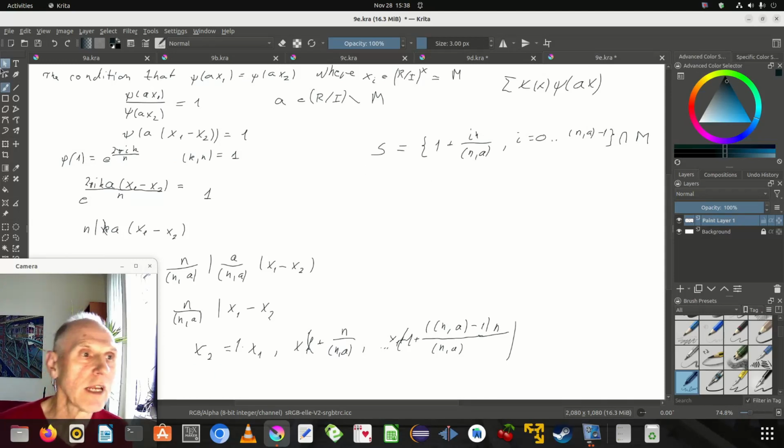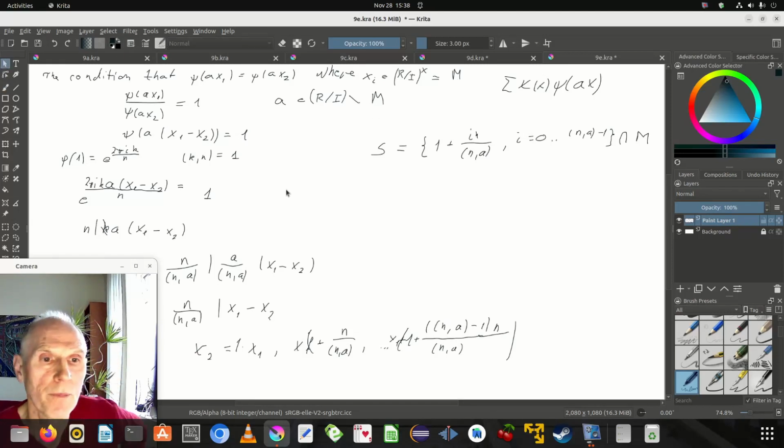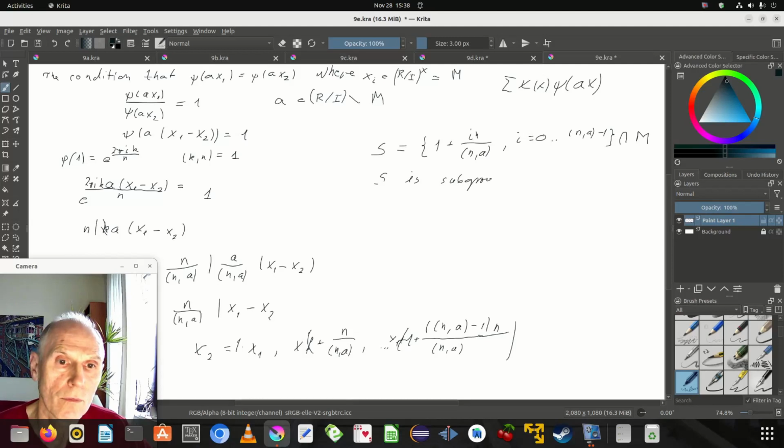I claim that S is a subgroup of M. It consists of the elements of M that can be written in this form.